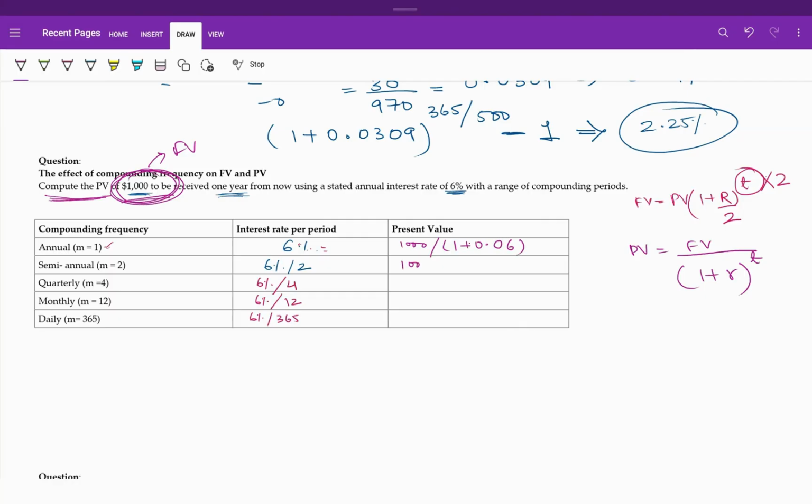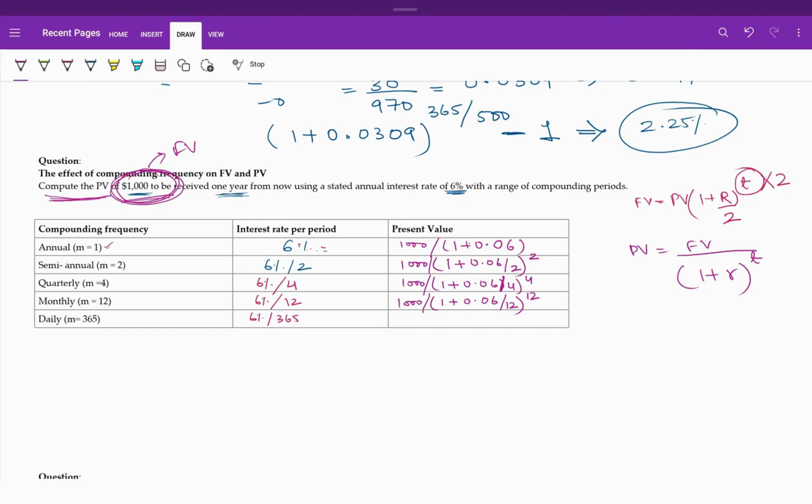For semi-annual compounding, we are going to use 1 plus 0.06 divided by 2, to the power 2. $1,000 divided by 1 plus 0.06 divided by 4 to the power 4. $1,000 divided by 1 plus 0.06 divided by 12, to the power 12.